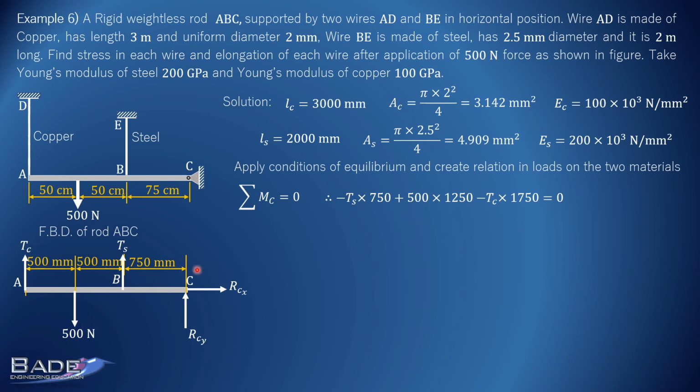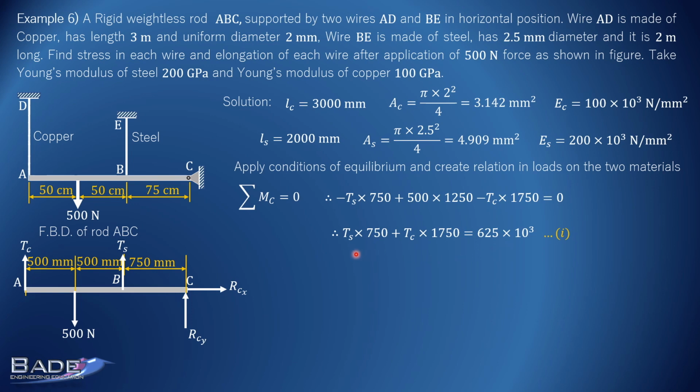And TC into 1750, that is distance from C, and it is clockwise moment. So as usual, moment equation, and this is the relation between the loads: TS into 750 plus TC into 1750 equal to 625 into 10 raised to 3. So this is equation 1.